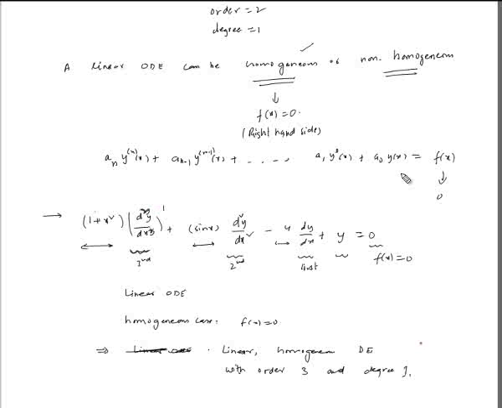This is a complete way of describing it. First is whether it's an ODE or PDE, so that's why ODE. The second classification is order and degree, which we have seen. The third classification is whether it's linear or non-linear, and a sub-classification of linear is homogeneous or non-homogeneous.